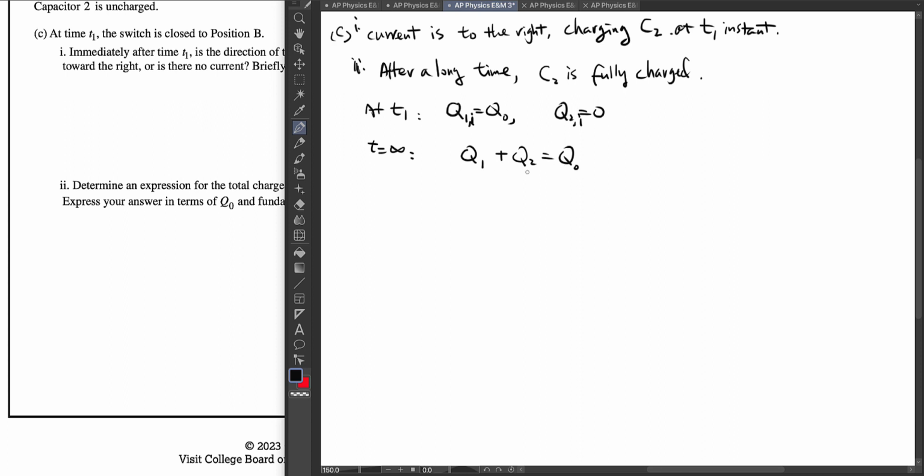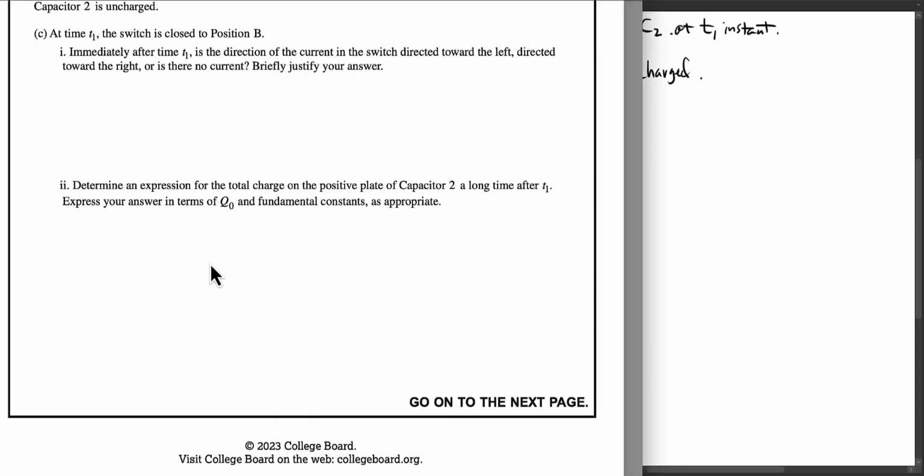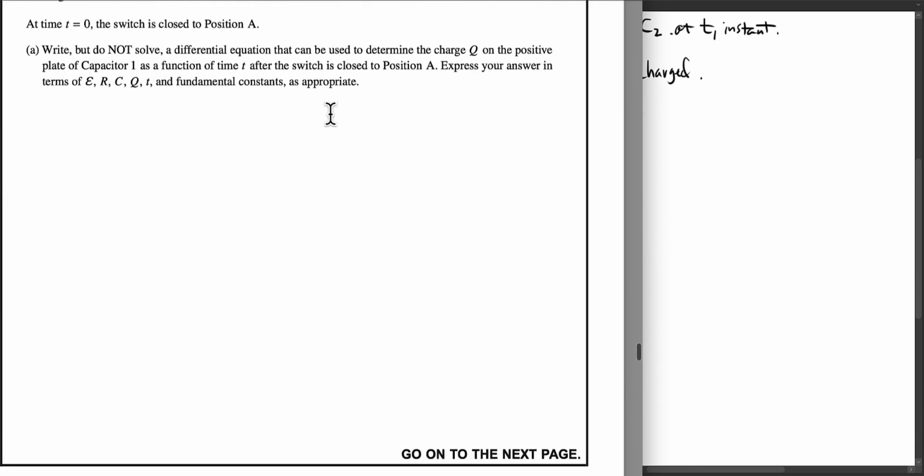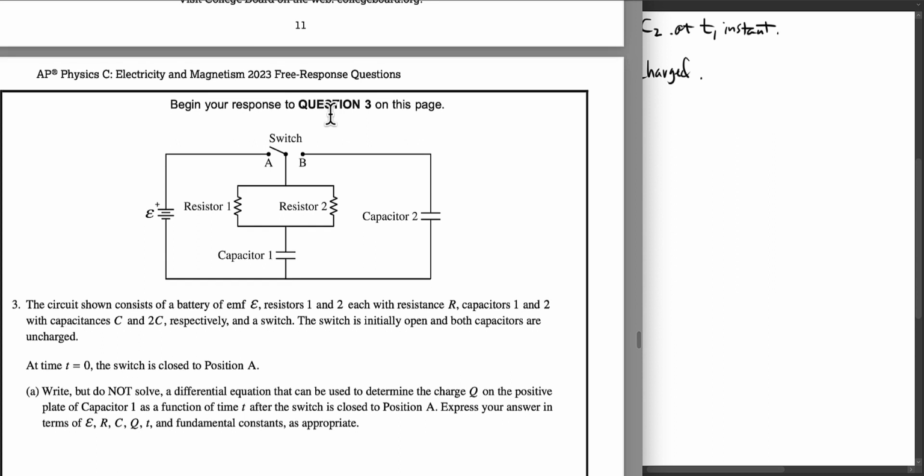However, we have two variables here, so we definitely need a second equation, and that comes from the potential difference. So let's look back at the circuit diagram. These two capacitors are connected in parallel, right? Remember, the positive plate will charge the positive plate.